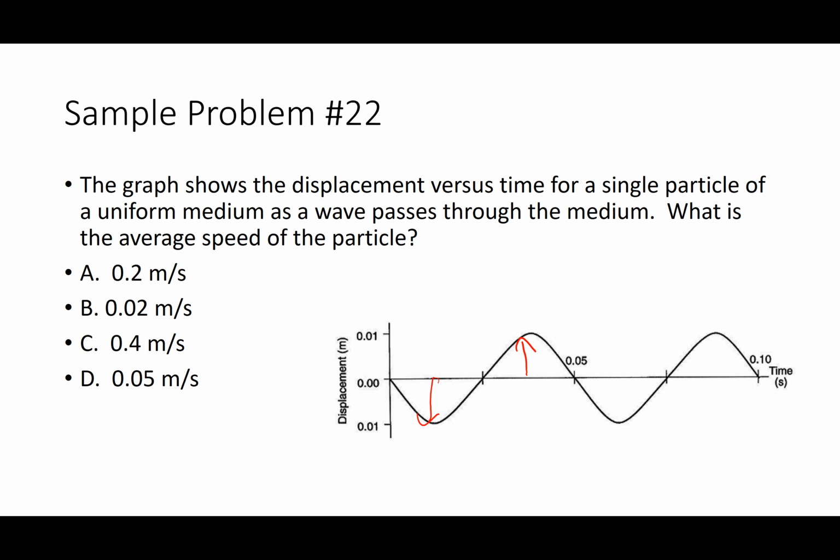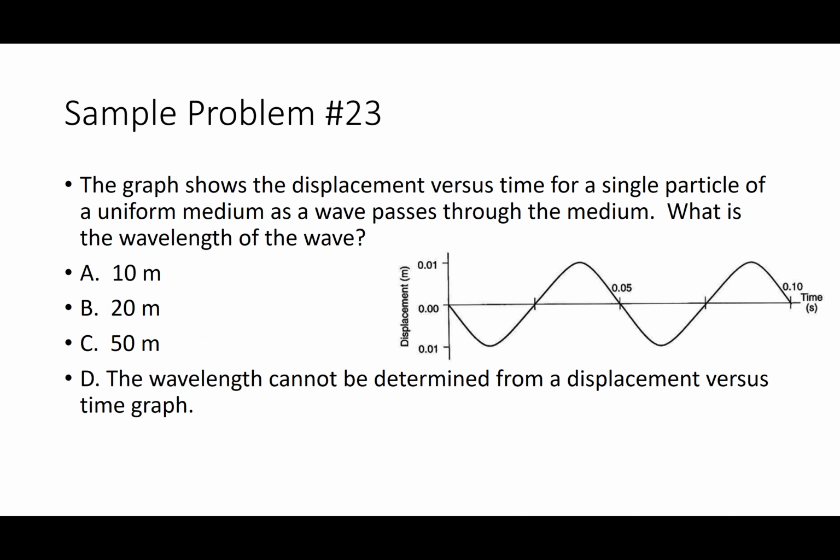So if we're trying to find the speed, this thing travels 0.01 plus 0.01. So it travels 0.02 meters, and it does that every 0.05 seconds. We know speed is essentially distance divided by time. So if we go 0.02 divided by 0.05, we end up with answer C. 0.4 meters per second is our speed of this particle.